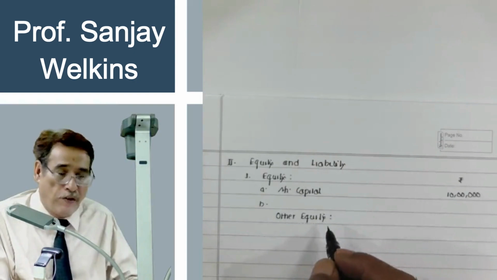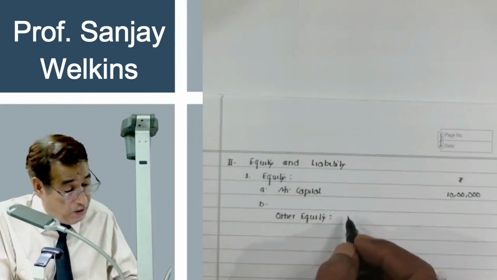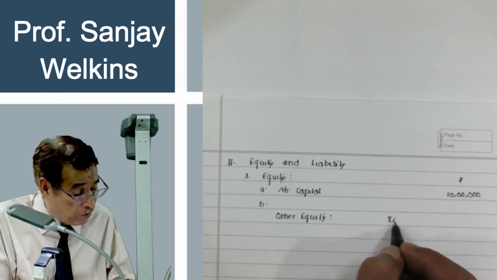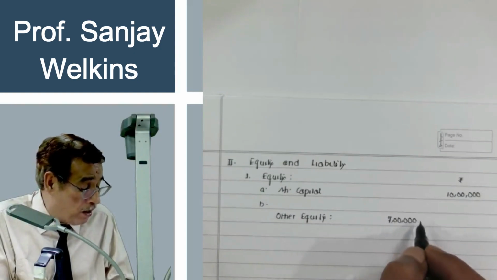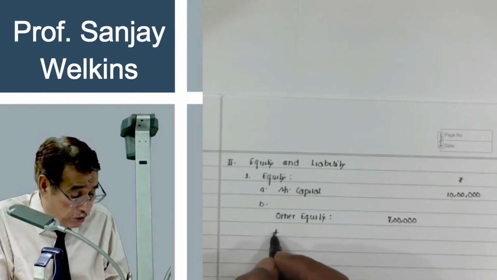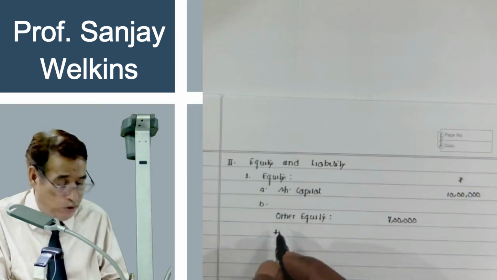Here we write, first of all, the closing balance of the parent. And we know that the closing balance of the parent is 7 lakh as far as equity balance is concerned, as per the balance sheet. Then we look into the post-acquisition equity and we find our share of it.